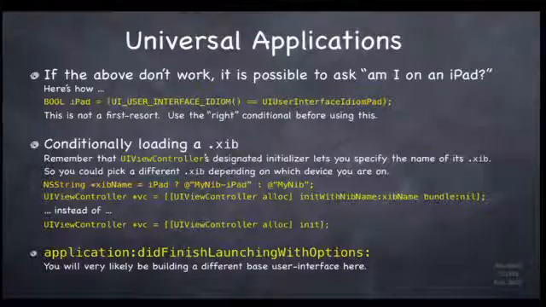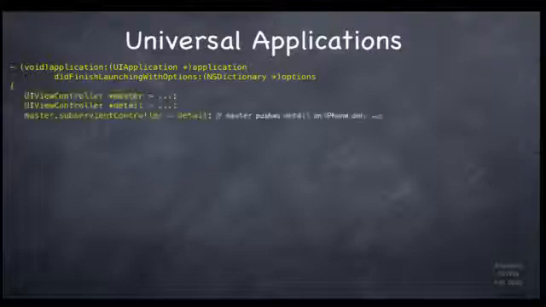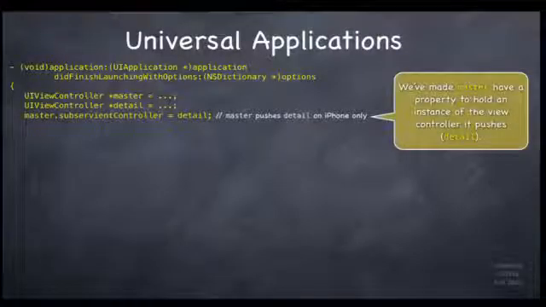But that first main construction that you do in application did finish launching with options, which you're working on now with this week's homework, where you're using a UI navigation controller, is probably going to be different. So let's look at what an application that's trying to support both, what its application did finish launching with options might look like.